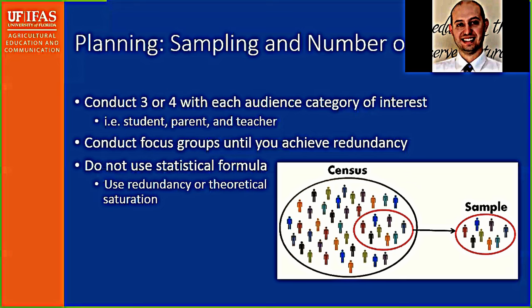Continuing the interviews after reaching theoretical saturation will only yield more of what the researcher already knows. This tends to occur after 3 or 4 focus groups with an audience type. So there's really no sense in continuing to conduct focus groups after that point in time. You're really just wasting your time and that of the participants. I know folks don't want to incur any more work than they need to, so this is really a good rule of thumb to make sure that you understand.